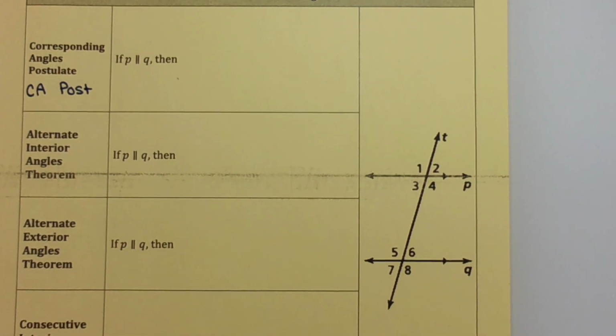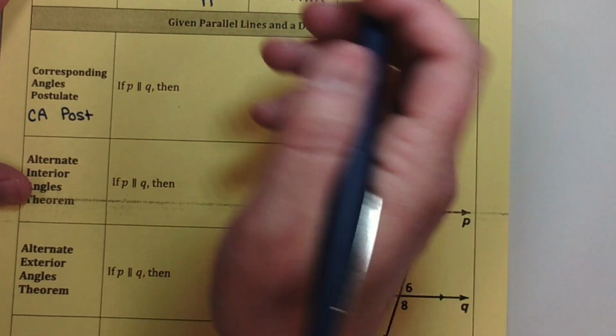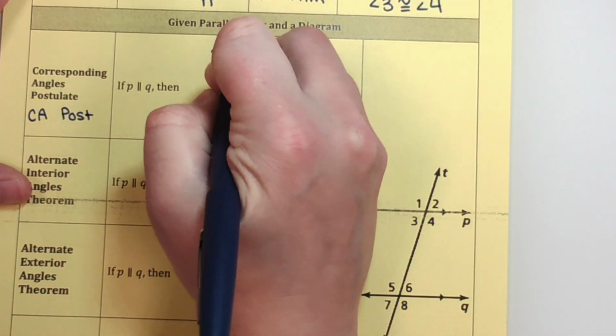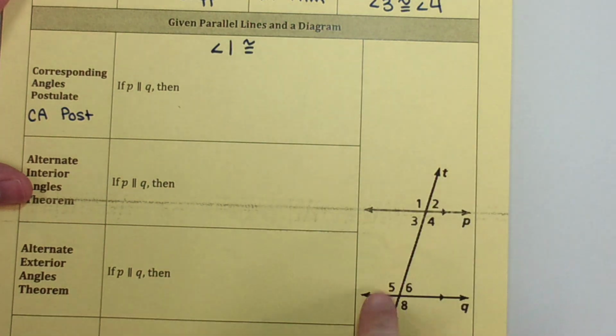Now, corresponding angles, they are on the same side of the transversal, and they're both in the same relative position compared to the lines. Essentially, one of them is an interior angle, one of them is an exterior angle of the 2 lines crossed. In this case, of the 2 parallel lines. So, that would be like angle 1 and angle 5.